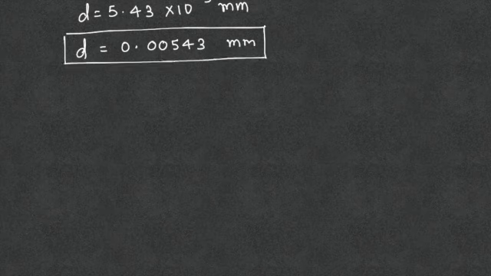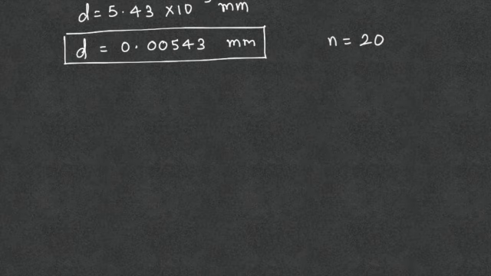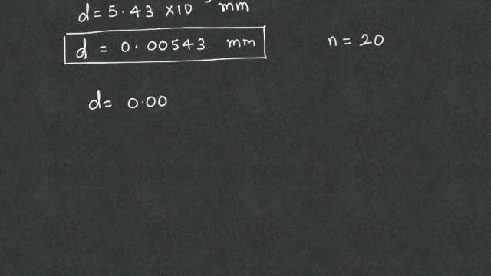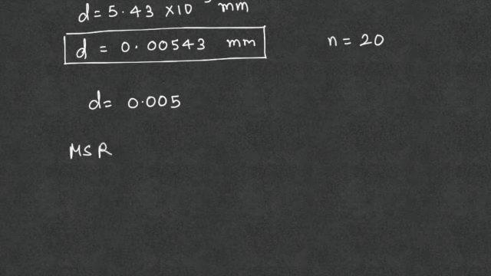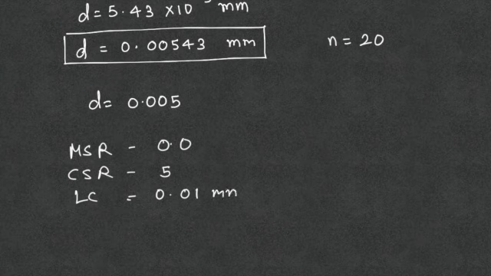That means for 0.005 millimeter separation of the mirror, n should change by the order of 20. Whereas in the simulator, when we change n by the order of 20, our D changes by 0.05. If you recollect, the MSR was 0, CSR was 5, and the least count was 0.01 mm.